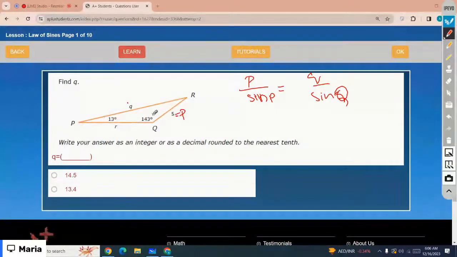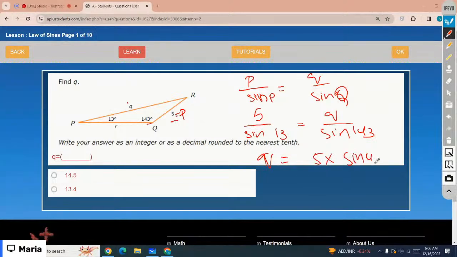Just put in the values. P is 5 and angle P is 13. Q you have to calculate, and angle Q is 43. So Q equals 5 times sine 43 divided by sine 13. Just two calculations.